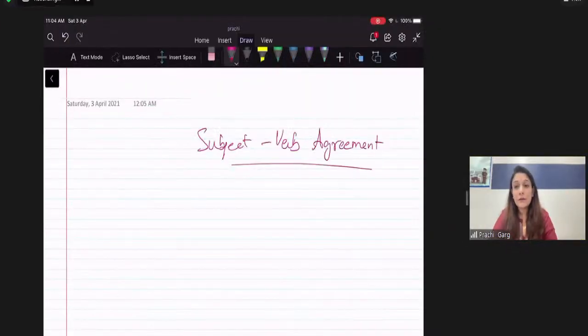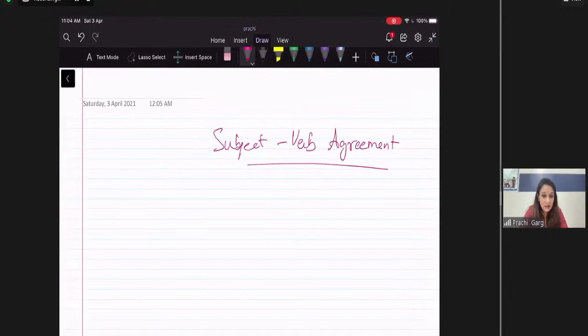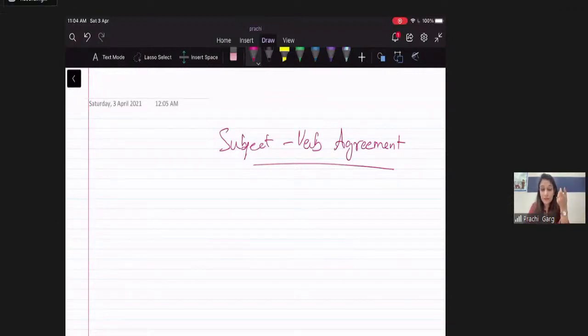Now, I hope you remember the meaning of the word subject. In the last class, we studied in detail what a subject and a verb are. Now we will understand what we mean by subject verb agreement. In a sentence, it is very important that the subject and verb agree together.